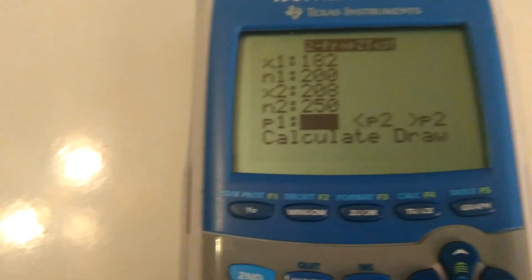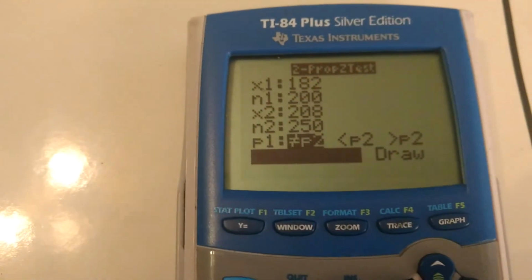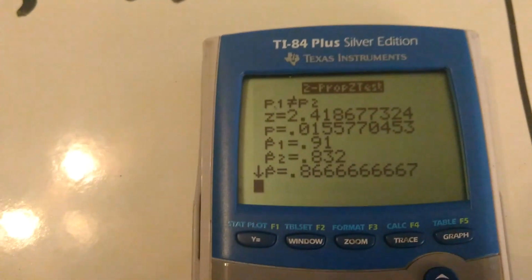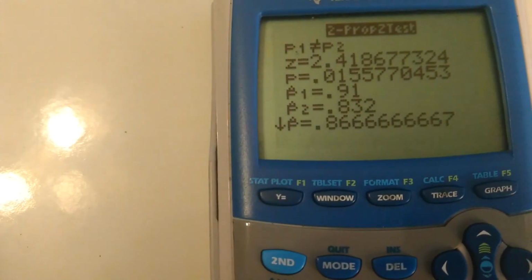Now, our alternative hypothesis is not equal to, so we want to make sure we tell the calculator that. We move down to calculate. We calculate, and we get z as 2.4, and I round it off. We get our p-value of 0.016, and again I round it off.